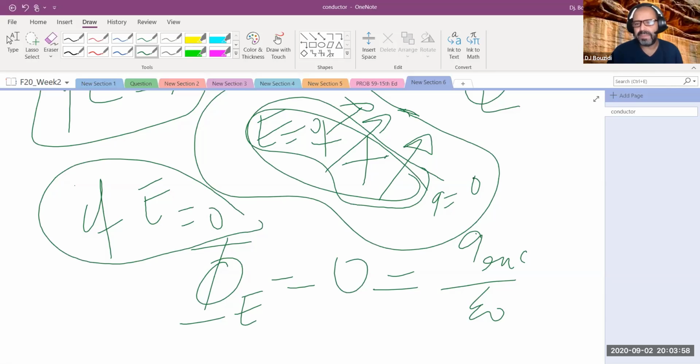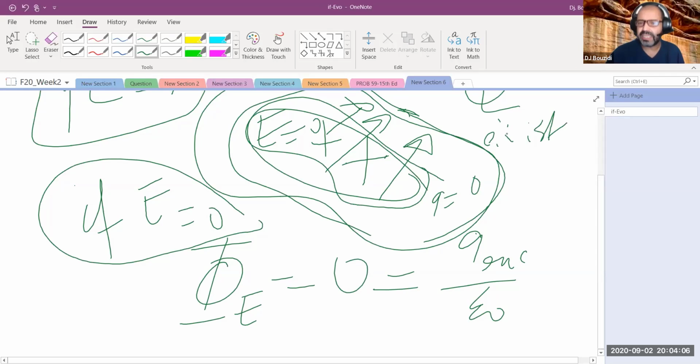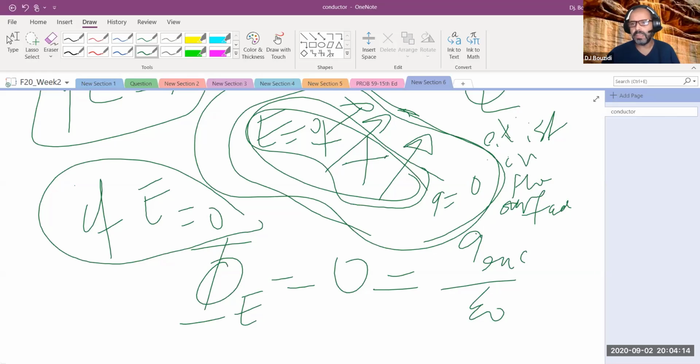The only place it can be is on the surface. The charges on a conductor can only exist on a surface if they exist at all. So that's the bottom line. Okay, does this answer your question, Kyle?